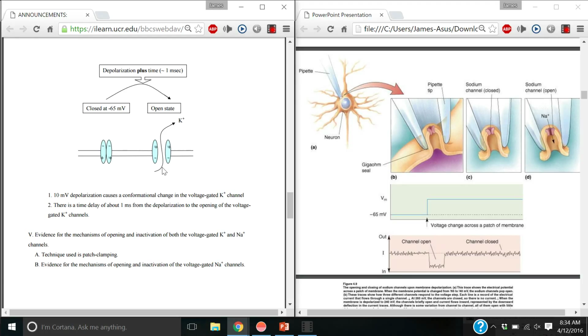Relative refractory period? Actually, I didn't say it. So this is basically what causes the relative refractory period, right? Because there you have this high permeability of the membrane to potassium. That's happening during the falling phase and undershoot. There, the membrane is most permeable to potassium, and so the equilibrium potential is driven toward minus 80 because the membrane is most permeable to that ion. So that's why the membrane potential goes close to minus 80 in the undershoot, the relative refractory period.